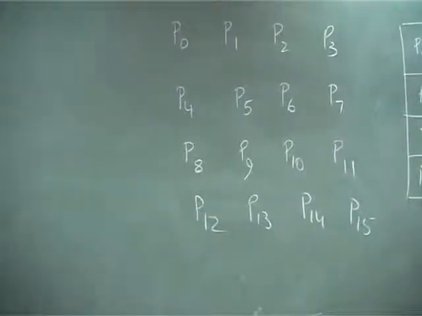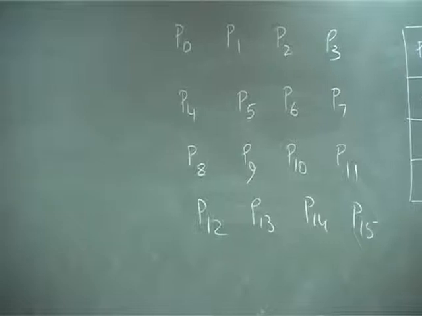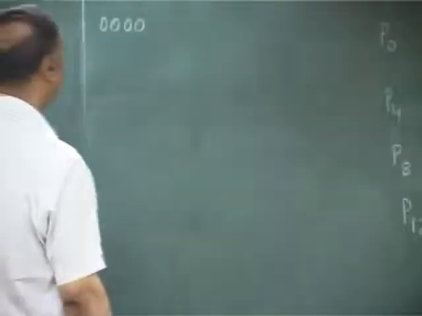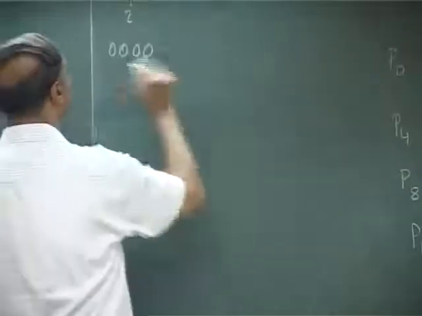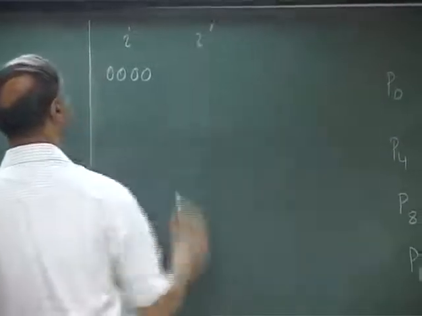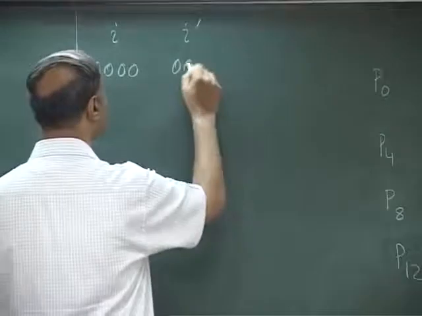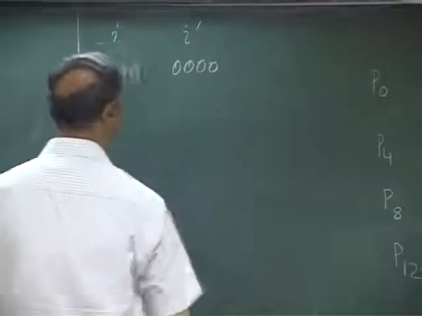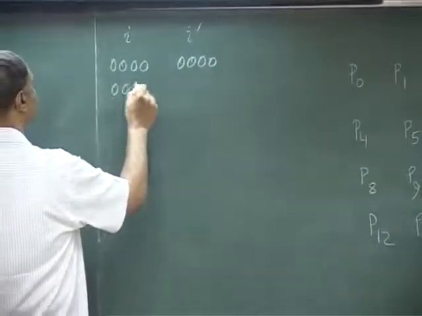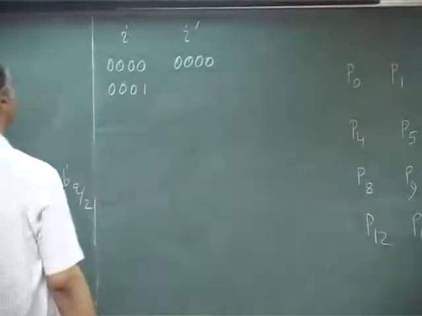Now let's consider i as 0, 0, 0, 0, and this is your i. What is your i dash? i dash is the same thing, 0, 0, 0, 0. You have 0, 0, 0, 1.